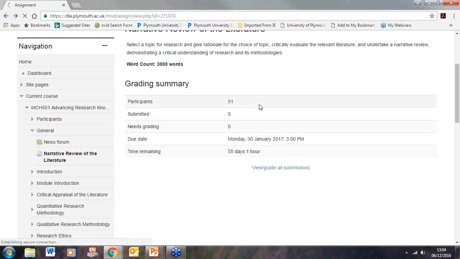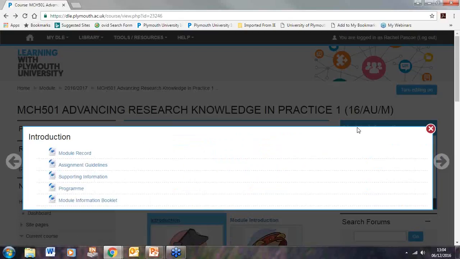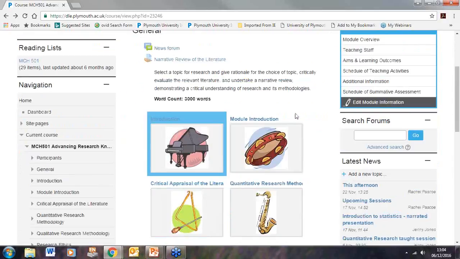So that was the first thing to talk about: how to submit our assignment. In the module introduction, there's some additional information, and there's the Word document called supporting information, which you need to submit as Appendix 1 in your assignment.